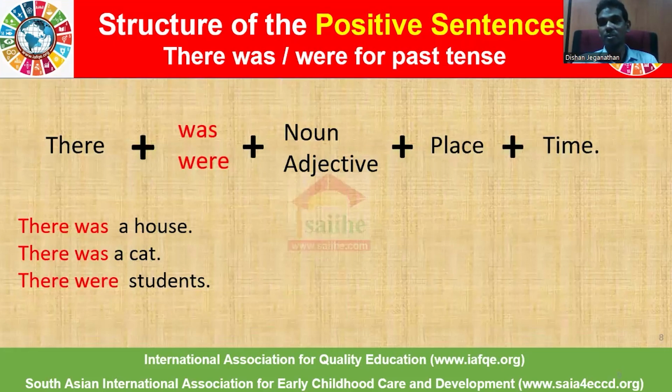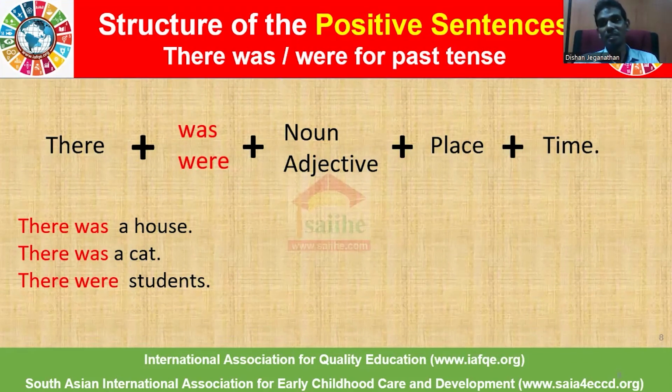Before moving into this, when you say past tense, we all know we discuss things which have already taken place, which have already finished. So when you're talking about an event which has already occurred, we make use of there was or were followed by the noun and adjective. Here, if the noun is a singular noun, we make use of was.